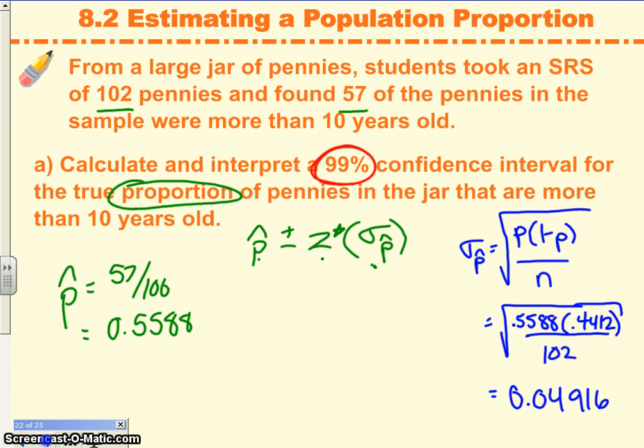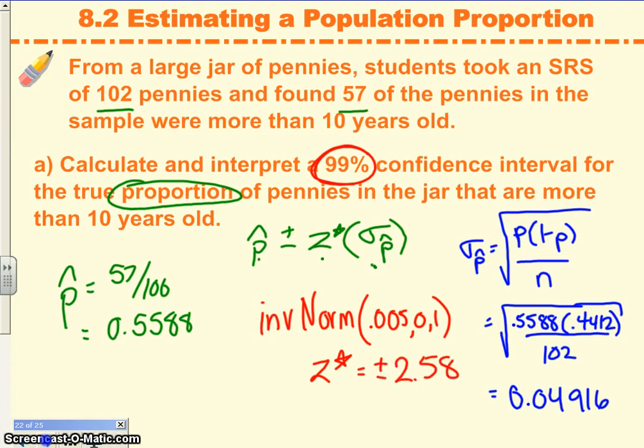I've got two tails, so when I do my inverse normal function on the calculator, I'm not going to put in 1%, I'm going to put in 0.5%. That'll spit out for me critical values of plus or minus 2.58.